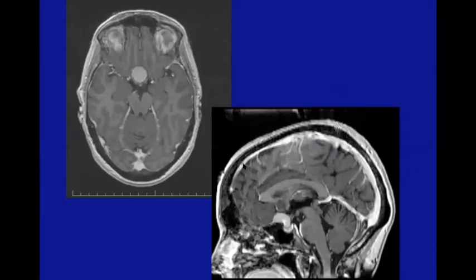So here, if we look at this case, we see this enhancing mass here extends into the sella, but you see beneath the mass, there's a normal pituitary gland. So if I can see a normal pituitary gland, this is unlikely, I mean, highly unlikely, as in probably never going to be an adenoma. This is something else.